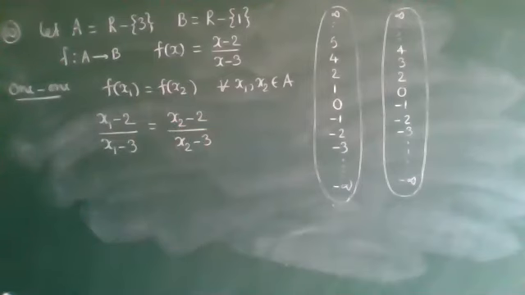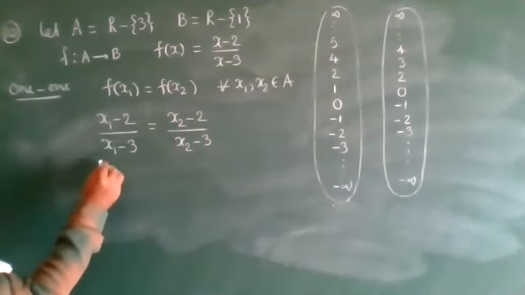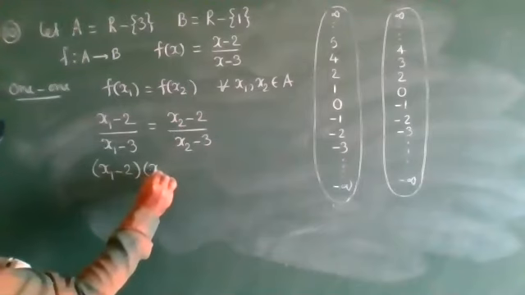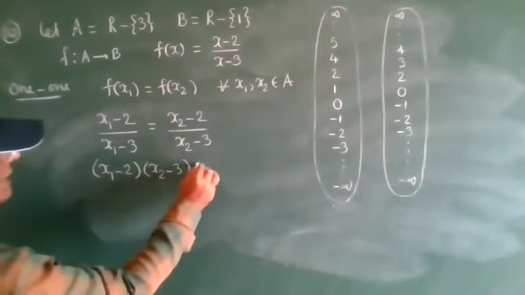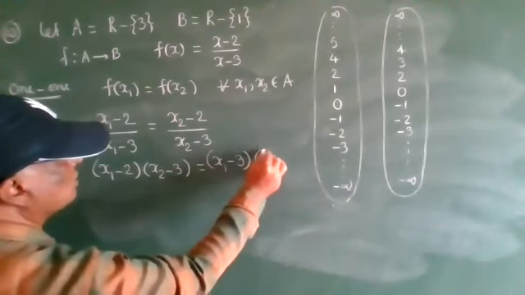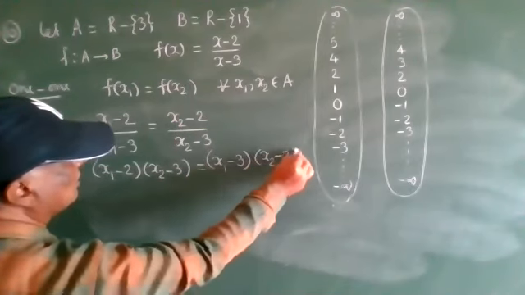Cross multiplication: (x1 minus 2) into (x2 minus 3) is equal to (x1 minus 3) into (x2 minus 2).